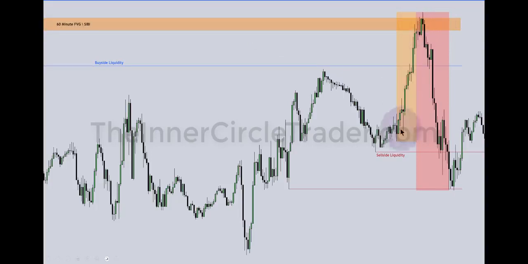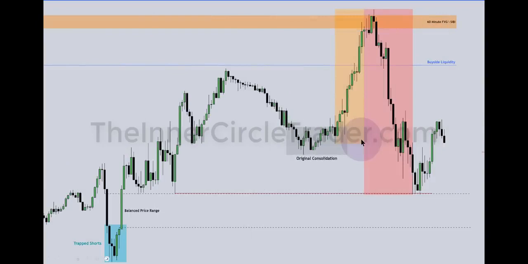Okay. So what we're going to do is drop down to an even lower time frame and see if there's any more detail in here with a 5-minute chart. So now we're inside of a lower time frame, 5-minute chart, and I've highlighted this little area right down here. And I told you we would talk about that. In here, we're looking at a balanced price range.